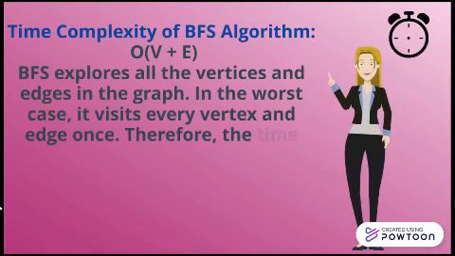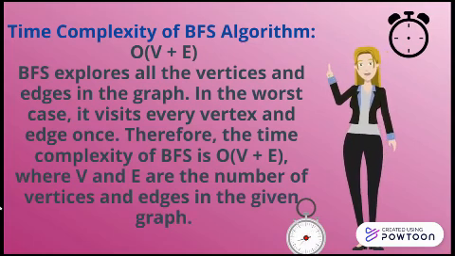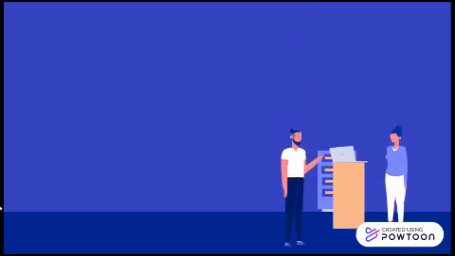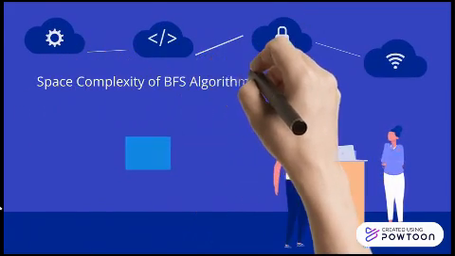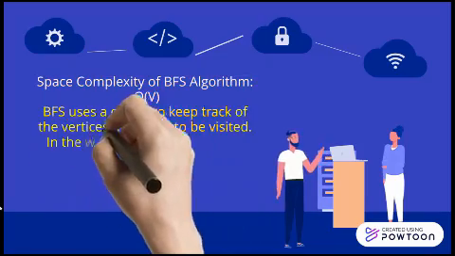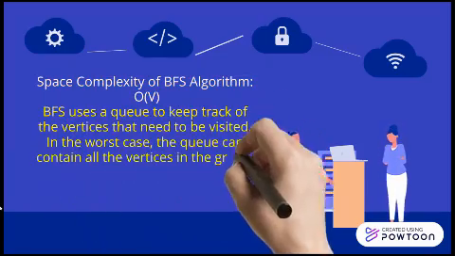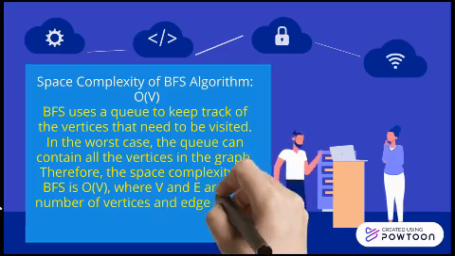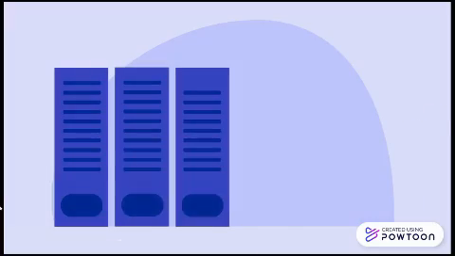Time complexity of the BFS algorithm is order of V plus E. Space complexity of the BFS algorithm is order of V. BFS uses a queue to keep track of the vertices that need to be visited. In the worst case, the queue can contain all the vertices in the graph.